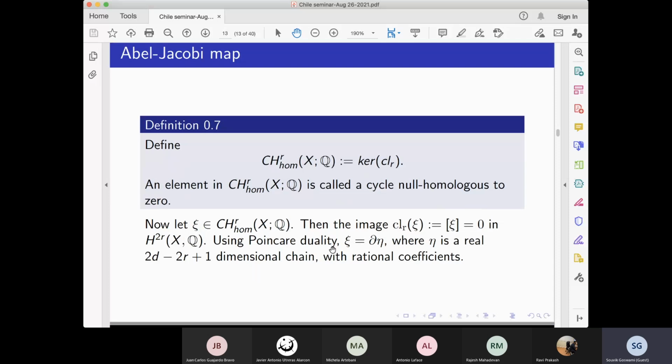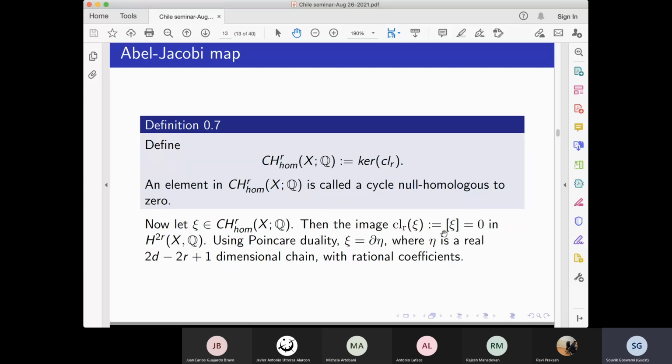So using Poincare duality, this chi can be seen as a boundary of a membrane eta. This eta is a real 2D minus 2R plus 1 dimensional chain with rational coefficients.